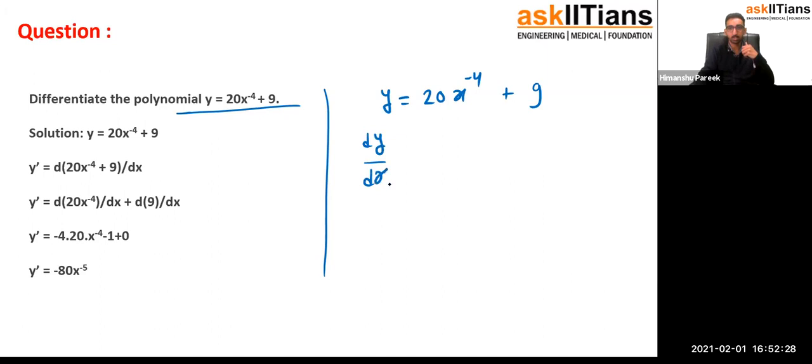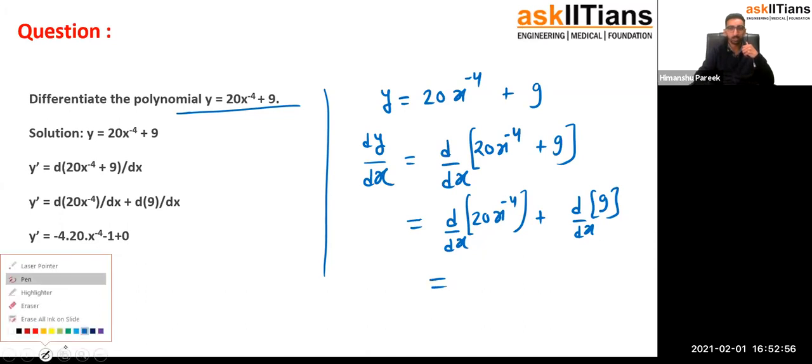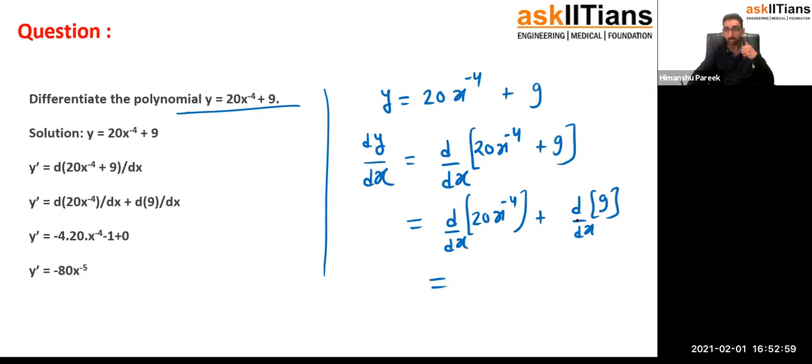We will write dy by dx equals d by dx of 20x power minus 4 plus d by dx of 9. Separately you can write it down. If we would have a negative sign here, I would have written the negative sign here. Now what is d by dx of 9, guys? Constant term, 0.